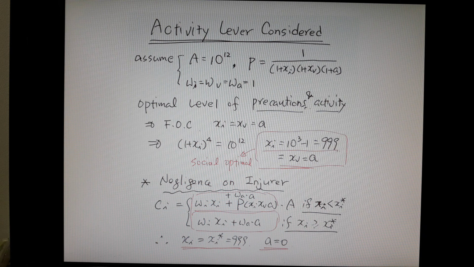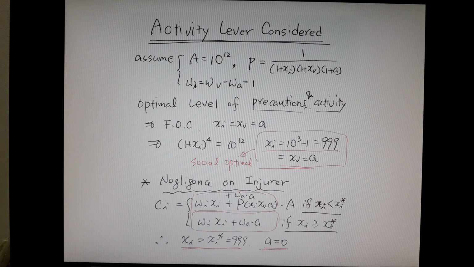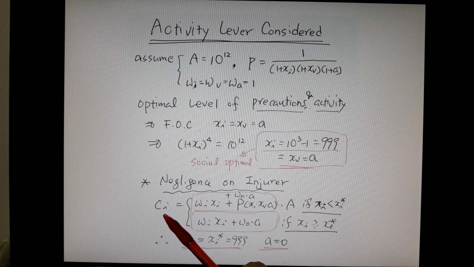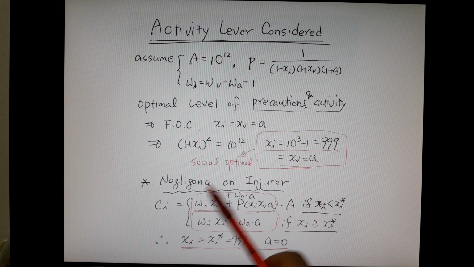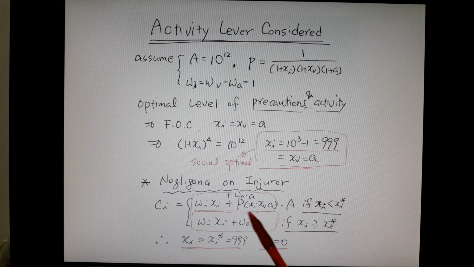The injurer has this rule: if the injurer's xi is less than xi star, which means he is not careful enough, his cost would be Wi xi plus Wa a plus p multiplied by the damage.